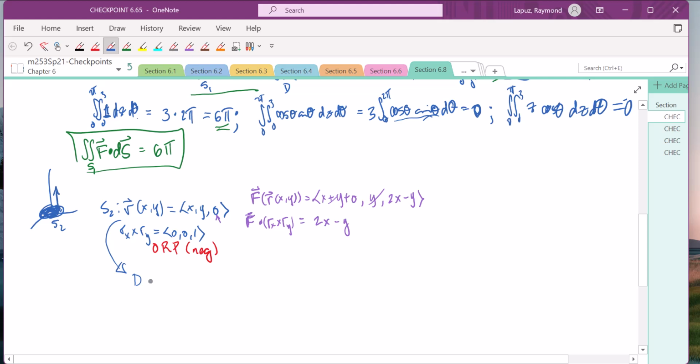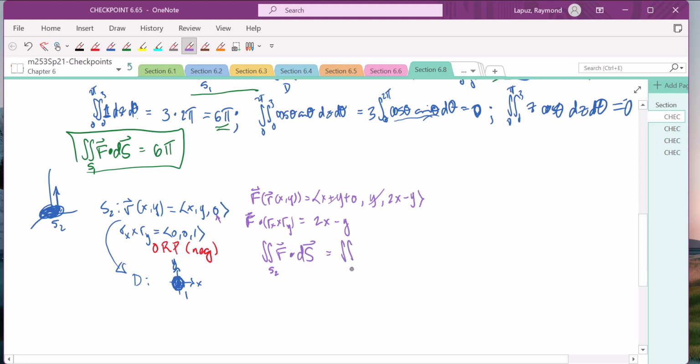I don't like describing this in Cartesian coordinates, so I usually just draw it because I'm going to go into polar coordinates. Our domain is just on the xy plane. It's going to be a disk of radius 1. So in polar coordinates, r goes from 0 to 1, theta goes from 0 to 2 pi.